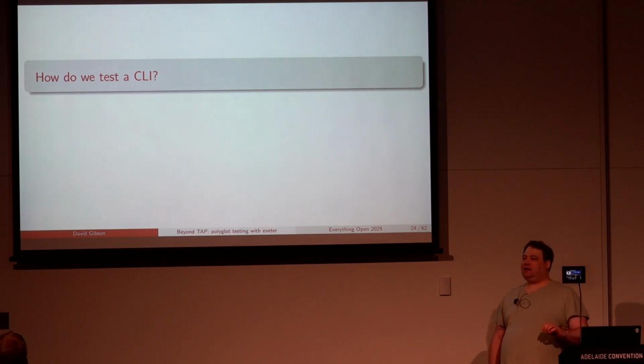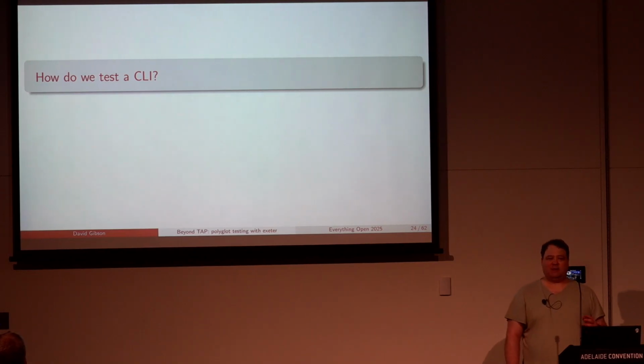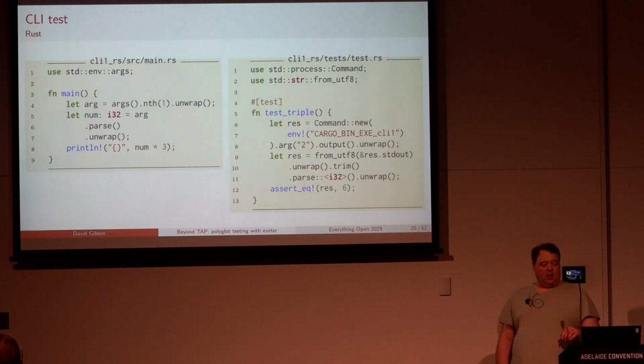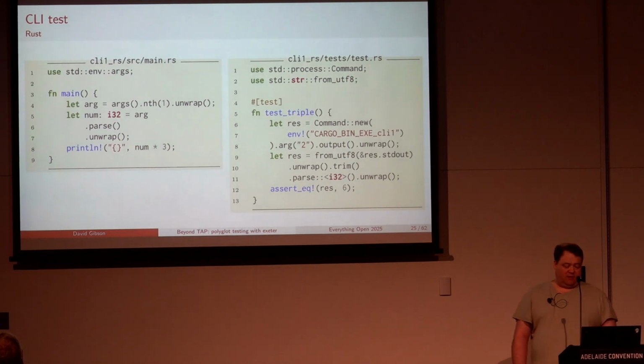Let's have a look at command line interfaces though, because that's about the simplest example of an interface. It's not like a library interface. So here's a version in Rust. Now our triple thing, rather than being a function in a library, is actually a program. It takes the command line arguments, takes the first one.